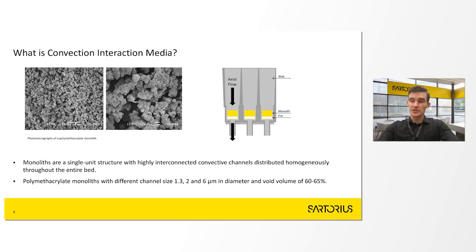Those channels come in three distinct sizes: 1.3, 2, or 6 micrometers in diameter, and we choose the appropriate diameter depending on the size of the target molecule and the application we are doing. On the picture above, you can see a thin micrograph of a monolith, and we can pack this monolith in different formats.